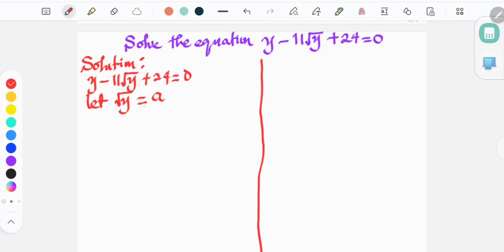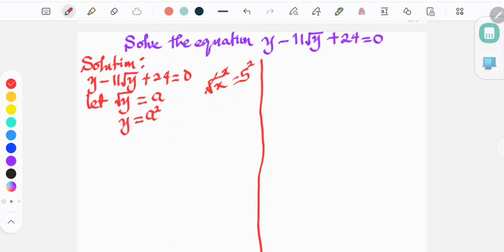Now, if the square root of y is equal to a, it also means if you square both sides, don't forget, when you have a square root, let's say you have square root of x equals 5, the way to eliminate the square root is to square both sides, and the square will eventually eliminate the square root. So if I square both sides here, it means that y is also equal to a squared.